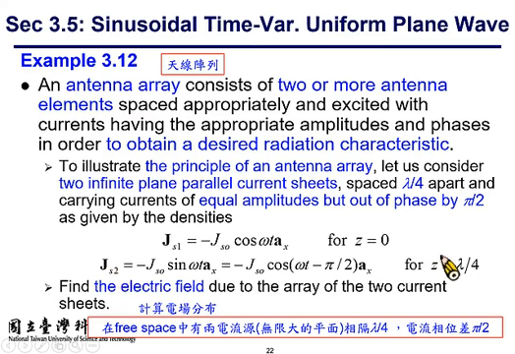And it's located at the position z equals lambda over 4. So the spatial difference is a quarter wavelength. And the excitation on the second current sheet is minus J sub S0 sine omega t AX. Okay, so you see, they are of the same frequency.